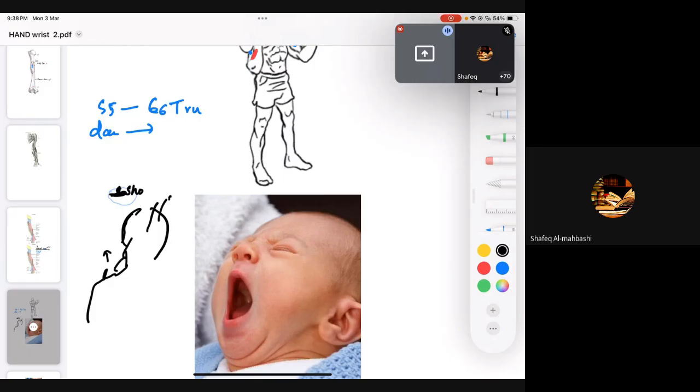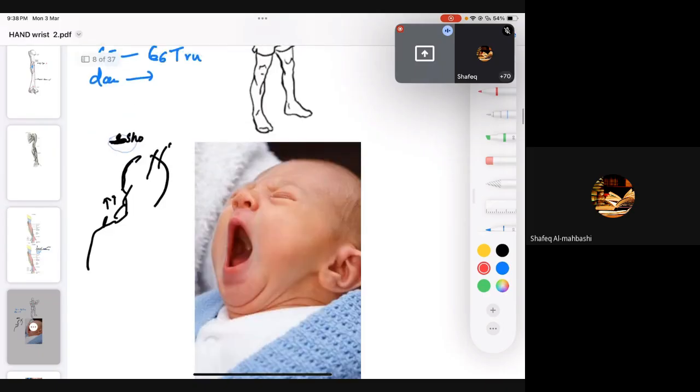The angle between the shoulder and the neck increases, and this increased angle from pulling out a baby can cause rupture or damage of your upper trunk.